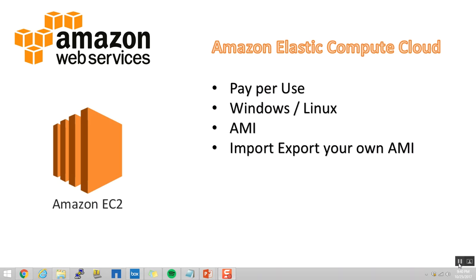Probably even more easily with EC2, you can spin up a virtual machine and have an internet accessible machine, operating system of your choice, in the cloud and ready to go. You can also create your own AMIs exactly as you want for your organization, and you can import them and you can export them out of EC2.